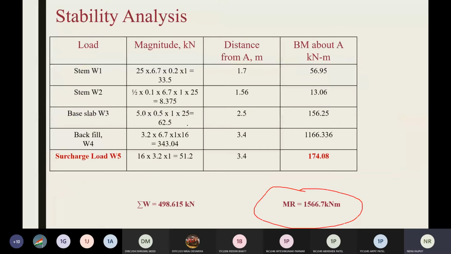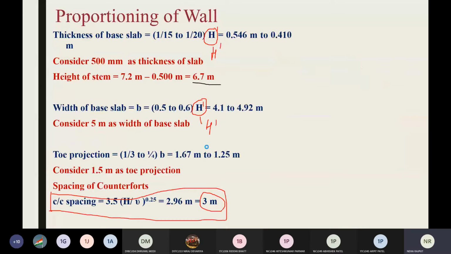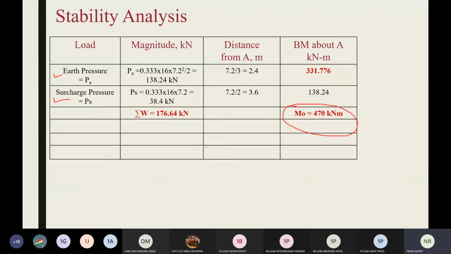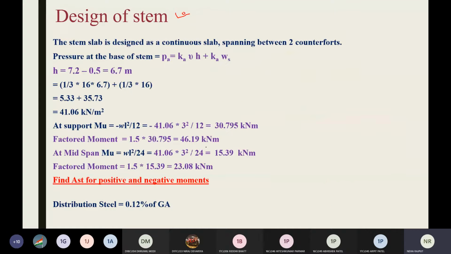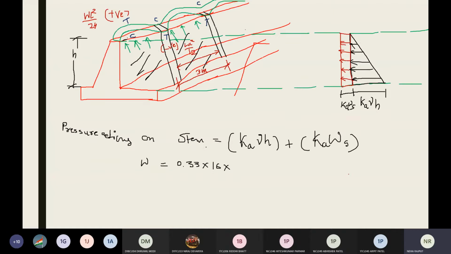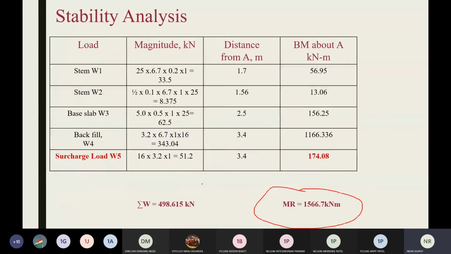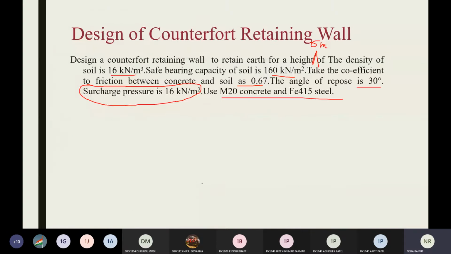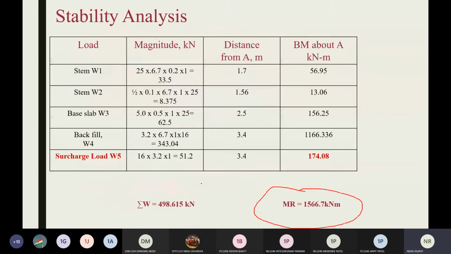Yes, this is the height of the stem, 6.7 meter. So I am directly writing 6.7, plus 0.33 into Ws, that is the surcharge load, which is given as 60.